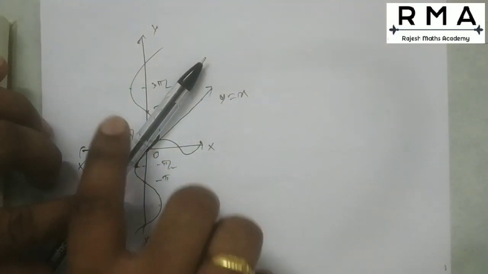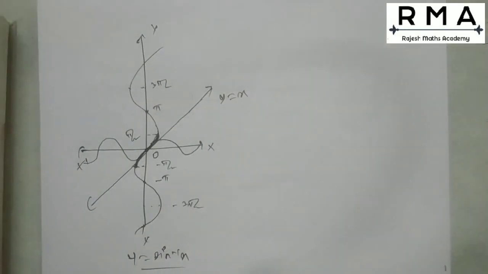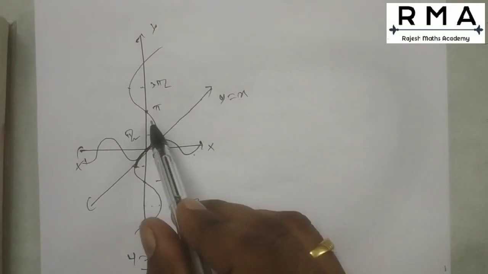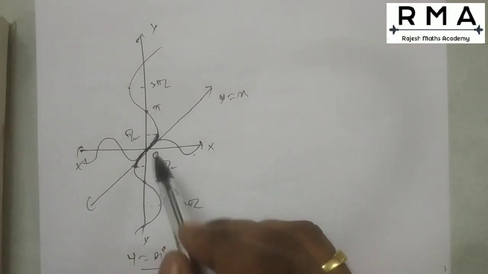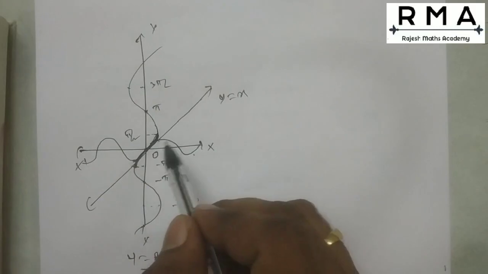Both will be mirror reflections about y equal to x. Clear? This is the y equal to sine inverse x graph and y equal to sine x. I have drawn the sine x curve and sine inverse curve in the same diagram. It is a rough diagram. The exact diagram is available in your textbook.